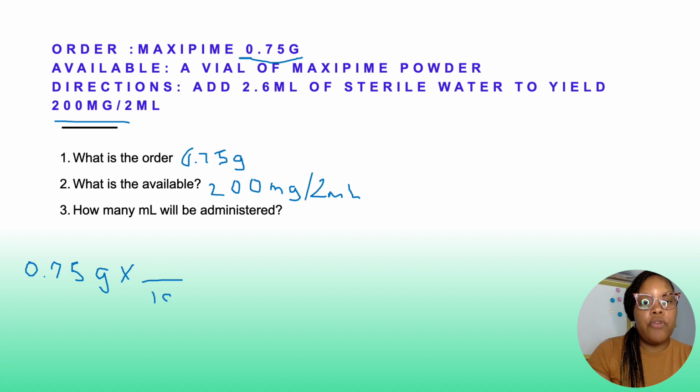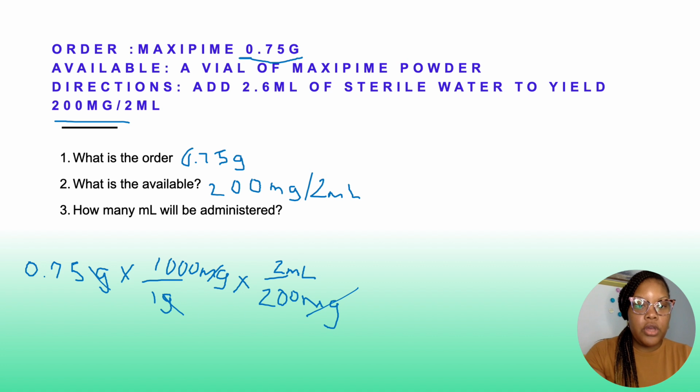So 1 gram is 1,000 milligrams, so grams cancel out. We go back to what we have available: 200 on the bottom because mgs have to cancel out, over 2 mLs.